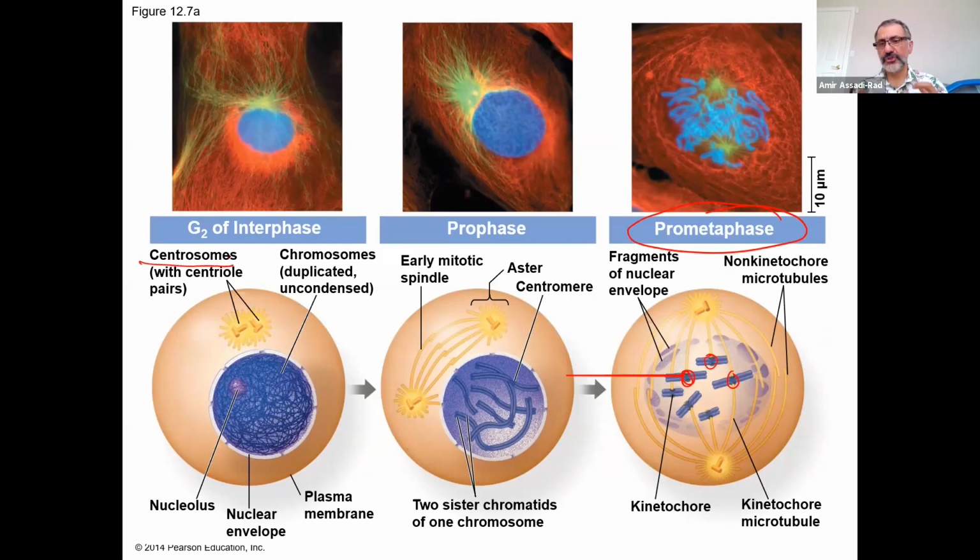Centrosomes organize the microtubules, which we talked about in an earlier chapter, that can pull the chromosomes apart. When the cell is getting ready to divide, these centrosomes with the centriole pairs divide and go into opposite directions. That is for animal cells, and they pull the chromosomes apart.